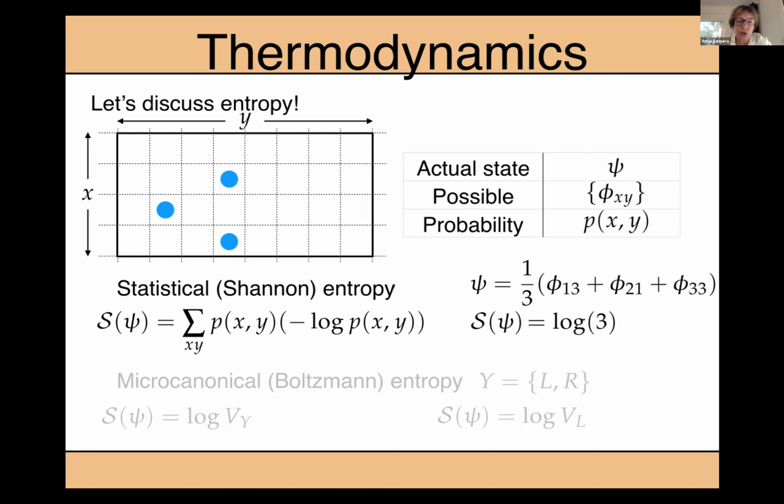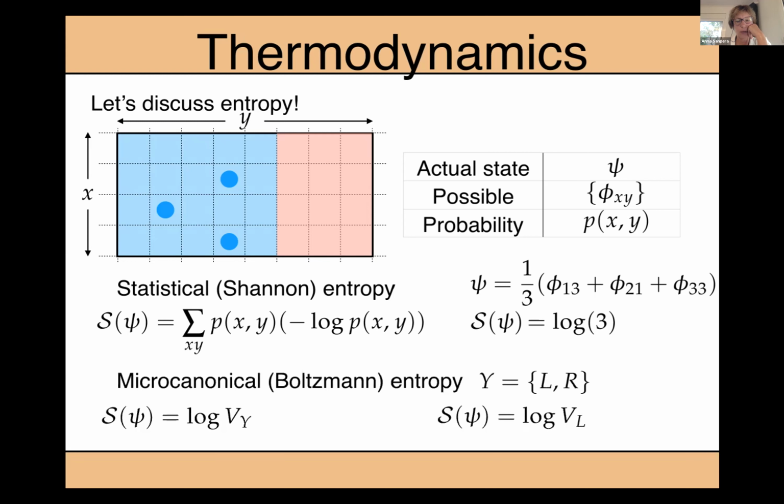Okay. We can also talk about the microcanonical or Boltzmann entropy, which is a little bit different. We distinguish, for instance, in our phase space between left and right. And now what we look at is how many cells there are in each of these divisions. Okay?